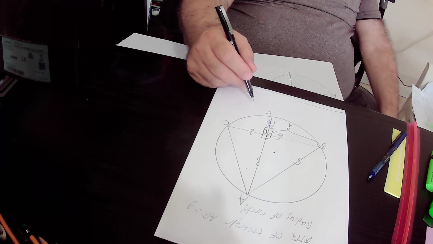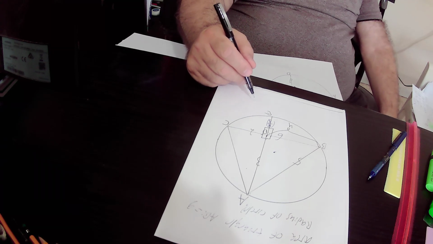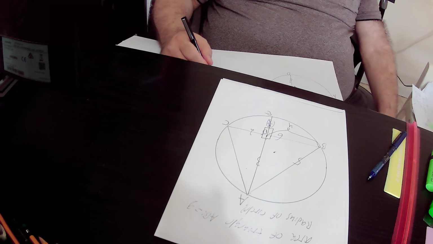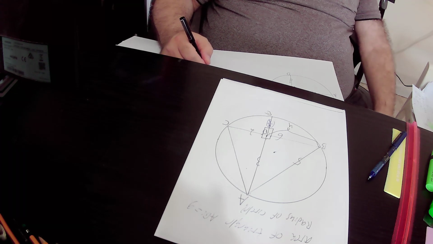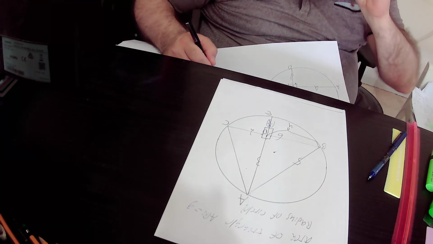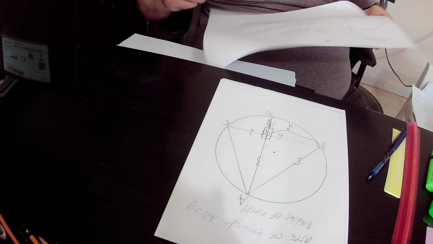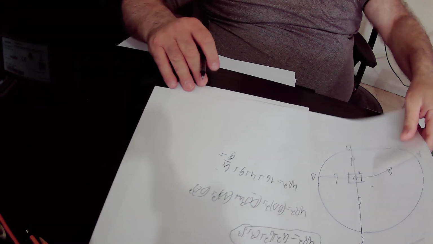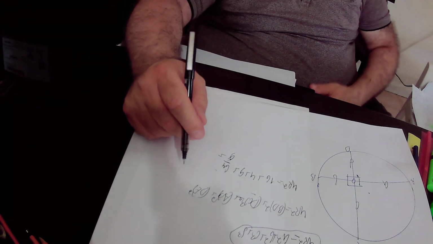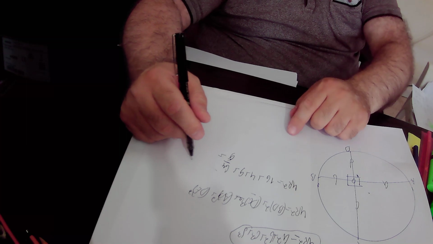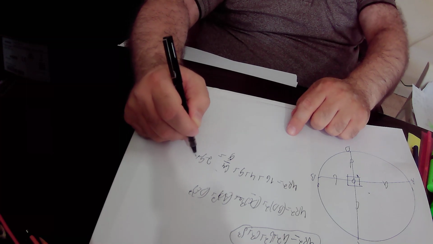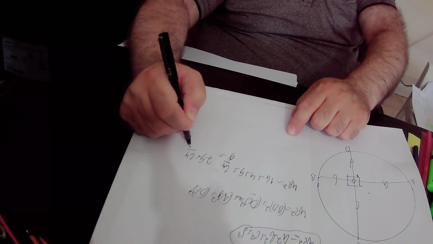DE is 8 over 3, so DE squared is 8 over 3 squared, that is to say 8 squared is 64 over 3 squared, that is 9. So we found out that 4 times R squared equals 16 plus 4 is 20, and 20 plus 9 is 29, so it is 29 plus 64 over 9.